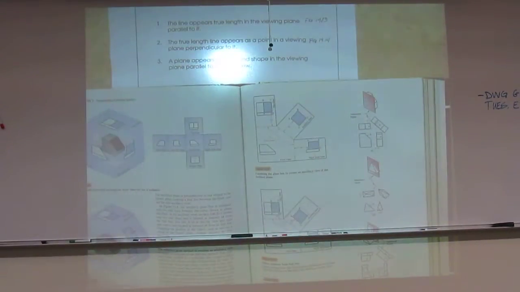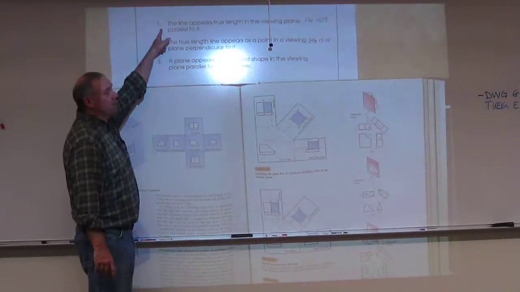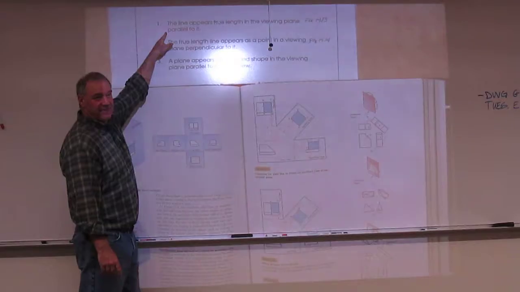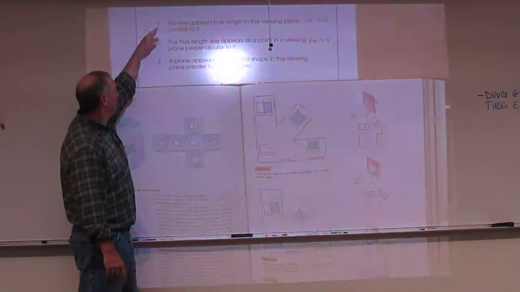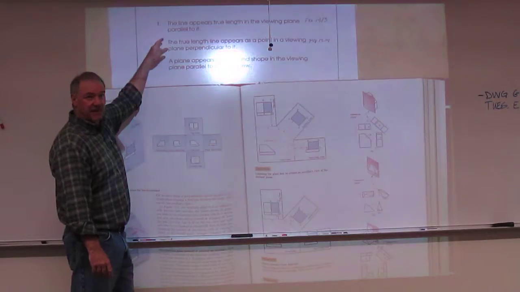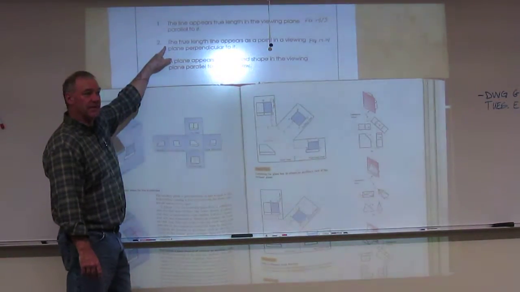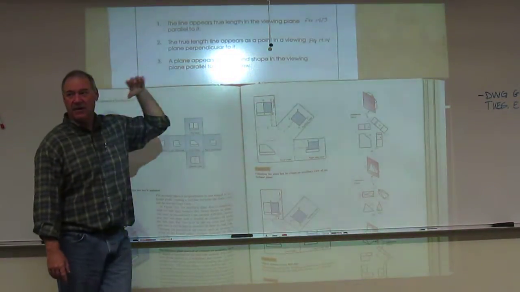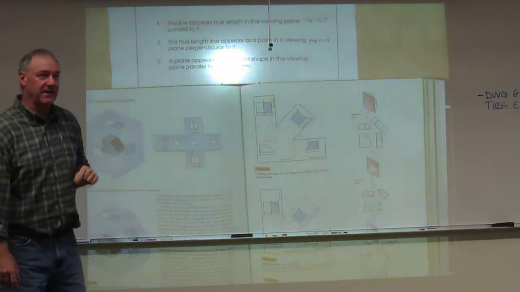I've got my three rules. Law 1 is all about finding a true size line. Law 2 isn't about finding the point view, it's about finding the edge of a plane. But if I look at any line bounding a plane as a point, I have to see it on edge.